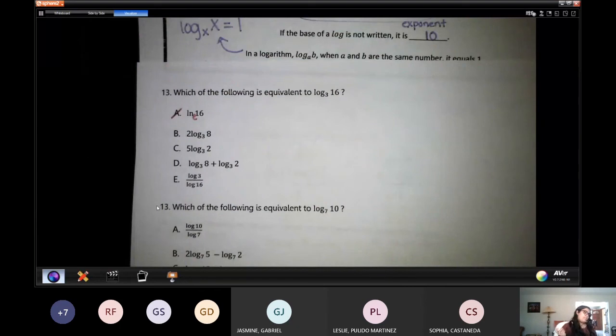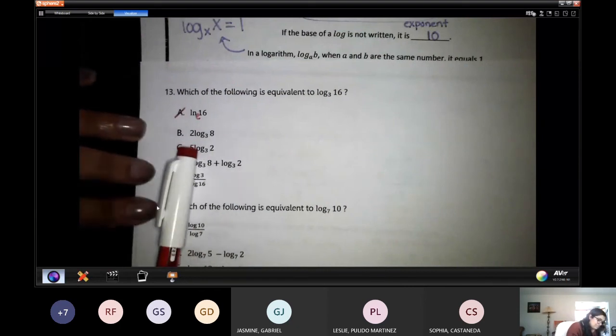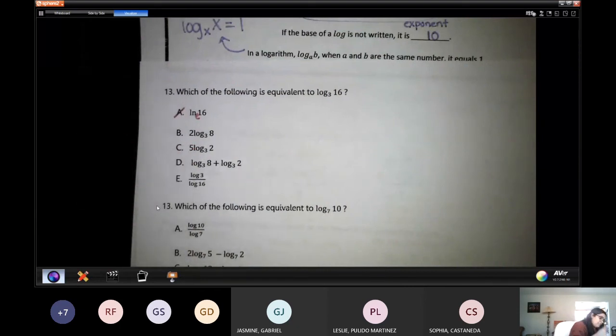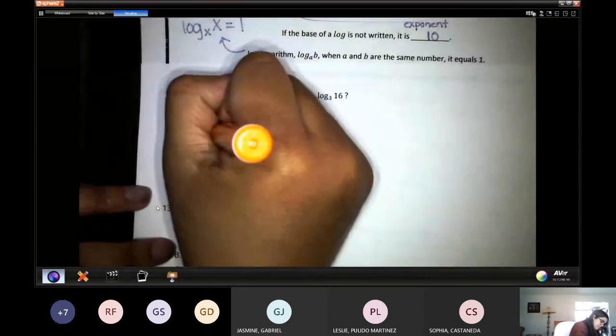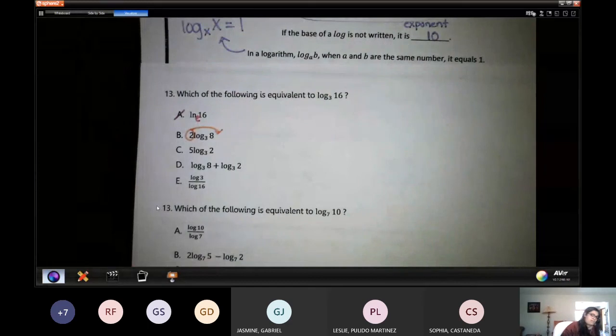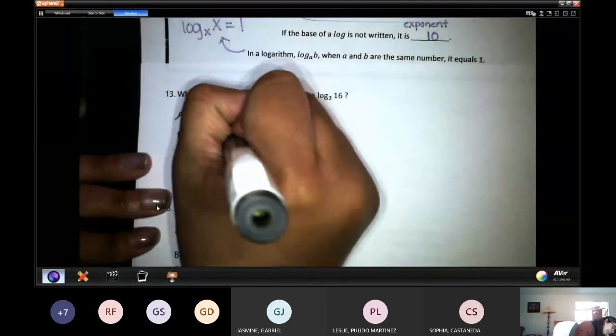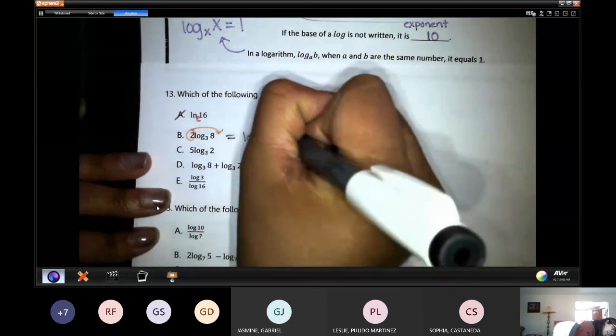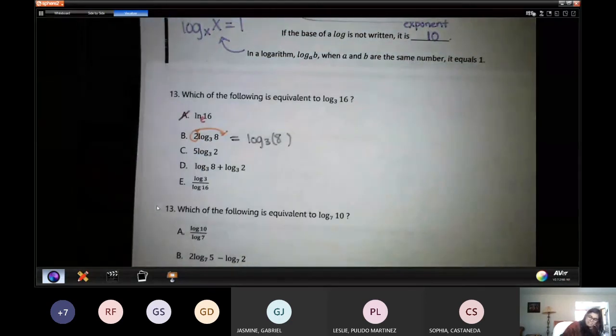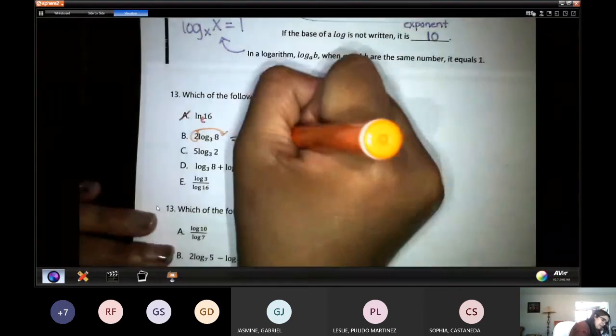All right? Let's go ahead and go to this next one. Let's try that power rule out. So when we take the power rule, we're going to take this 2 and move it over here, and so we'd be left with log base 3, and then the 8, and then our 2 would go up here.